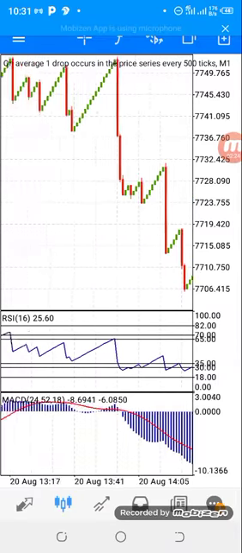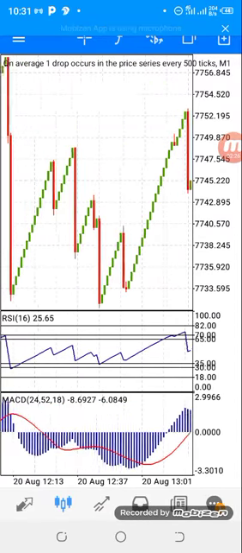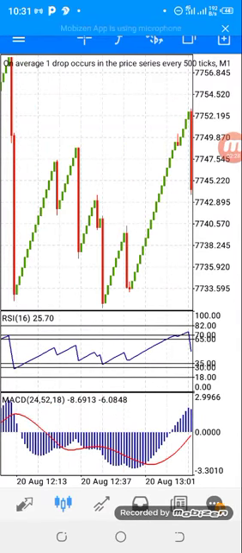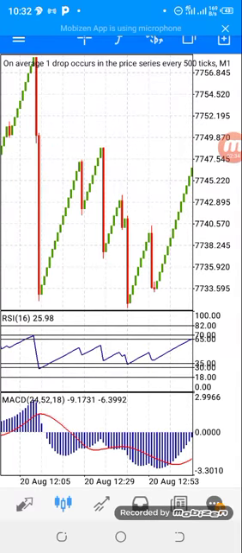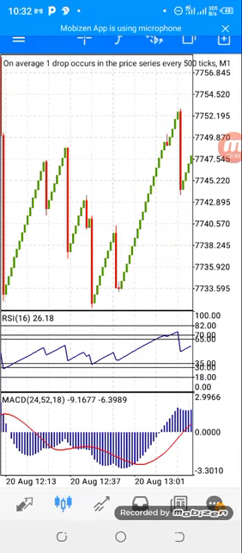In this case, the first thing we need to check is whether our MACD bar is above or below. When trading Crash 500 or 1000, the first thing you need to check is your MACD. Once your MACD bars are below zero level, the next thing is to check the RSI line, if it's touching the overbought region of 65, 70, or 82.